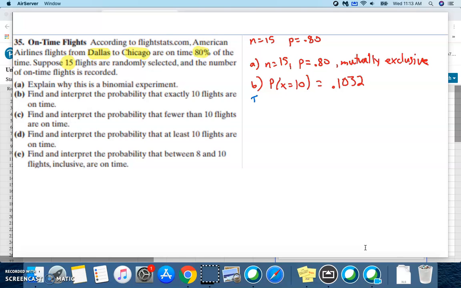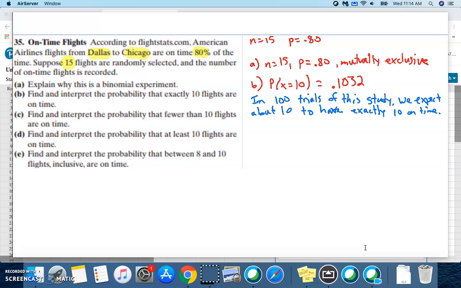if we were to do a study, so I guess I'll just write this out. If we were to go to the 100th place, in 100 trials of this study, we expect about 10 of those trials to have exactly 10 on-time flights.